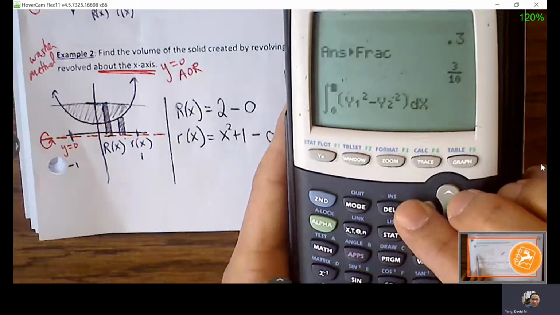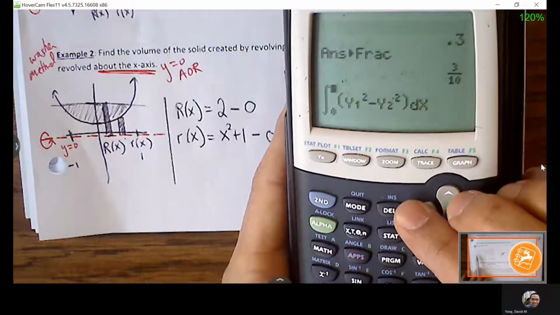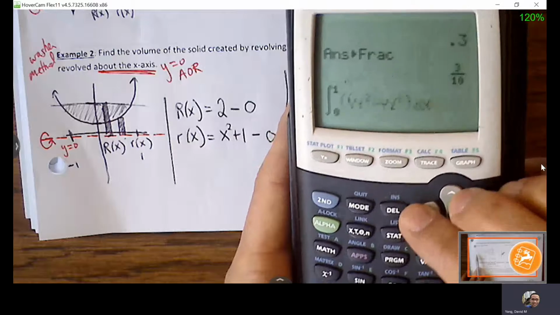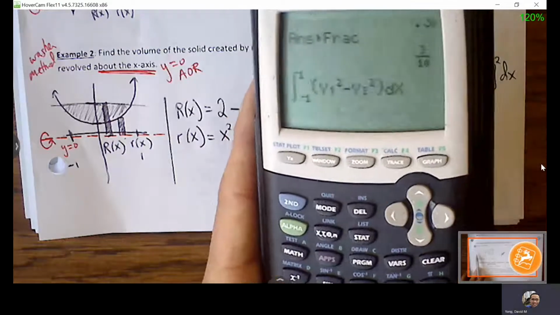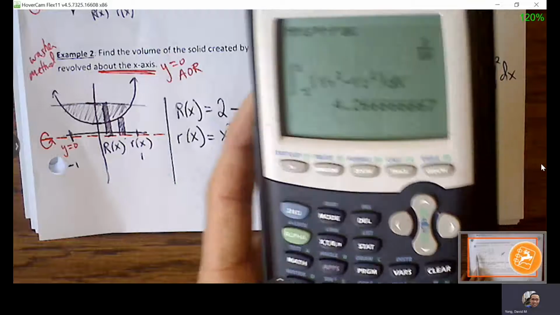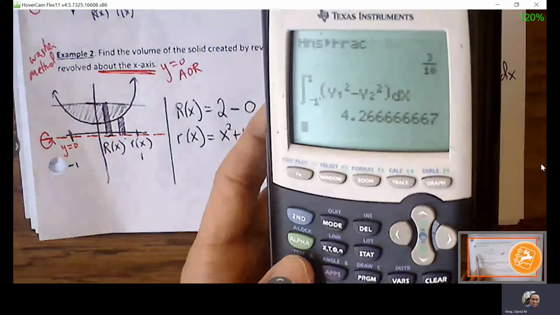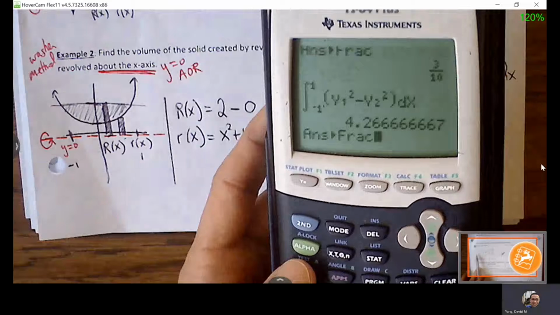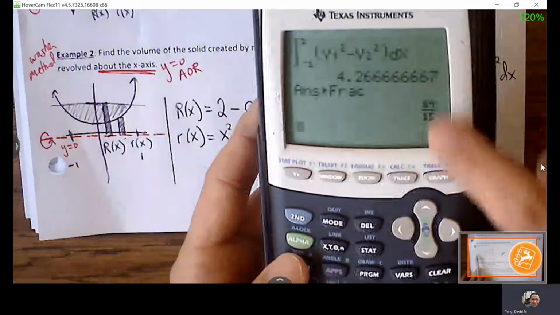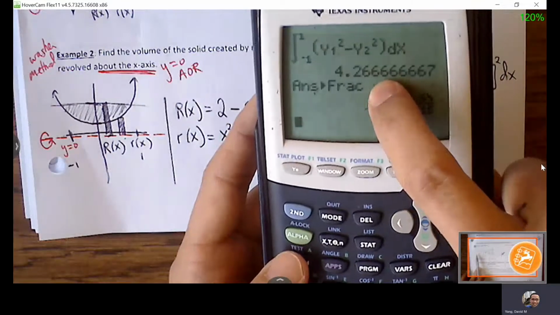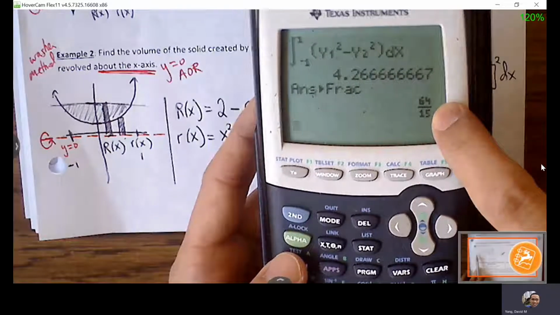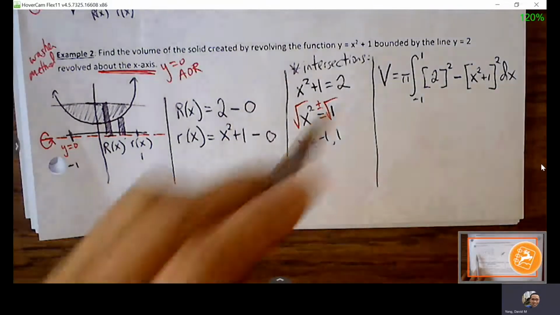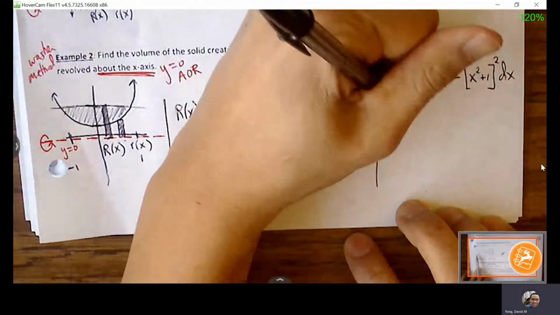I already have my big R squared, little r squared already set up, from -1 to 1. Okay, see if we can convert that to a fraction. If you can, great. If not, you'll just approximate to 3 decimal places. So here, 64/15. And don't forget pi.